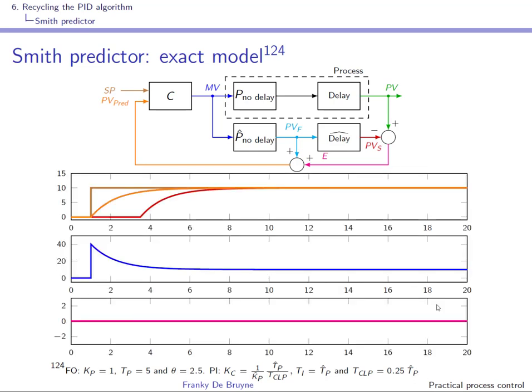Let us have a look at the simulations when the model is exact. This means that the model error E will be 0 at all times, as you can see. From the perspective of the controller, it is as if a first order system without the delay is controlled at all times.